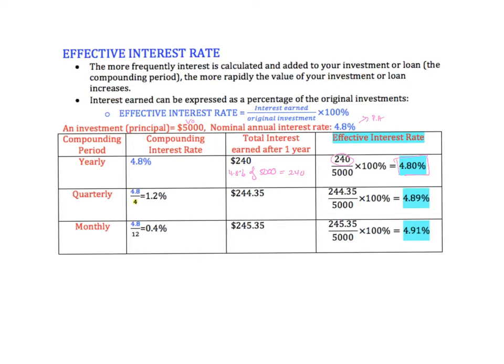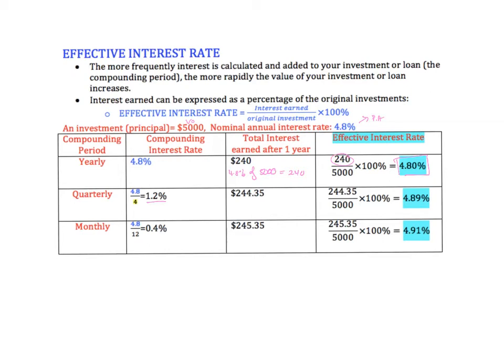Now what happens if we try quarterly? Instead of getting the interest just one time at the end of the year, we're going to get the interest 4 times a year, and after the first quarter we're going to get 1.2% of it. Then they do that 4 times, so you could imagine after the first quarter you've got a little bit more money, and then by the second quarter you get 1.2% of that, and so on.